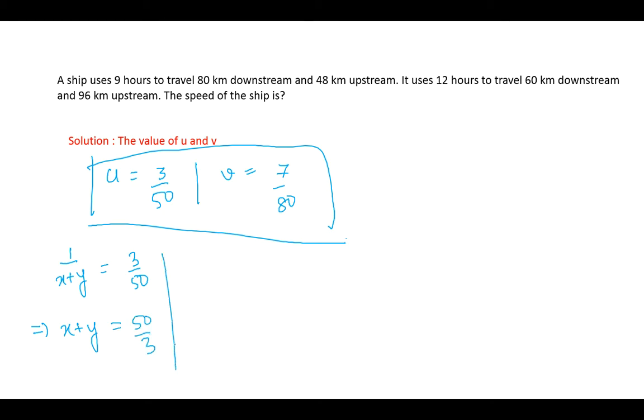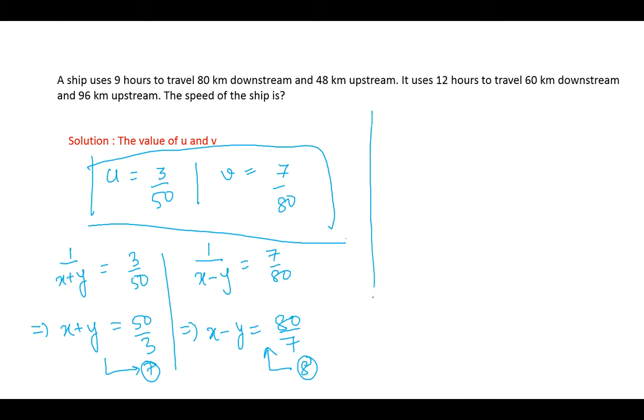Similarly, we can do for our v. v was 1 by x minus y, which was 7 over 80. Therefore, x minus y is nothing but 80 over 7. So this is my equation number 7 and this is my equation number 8.